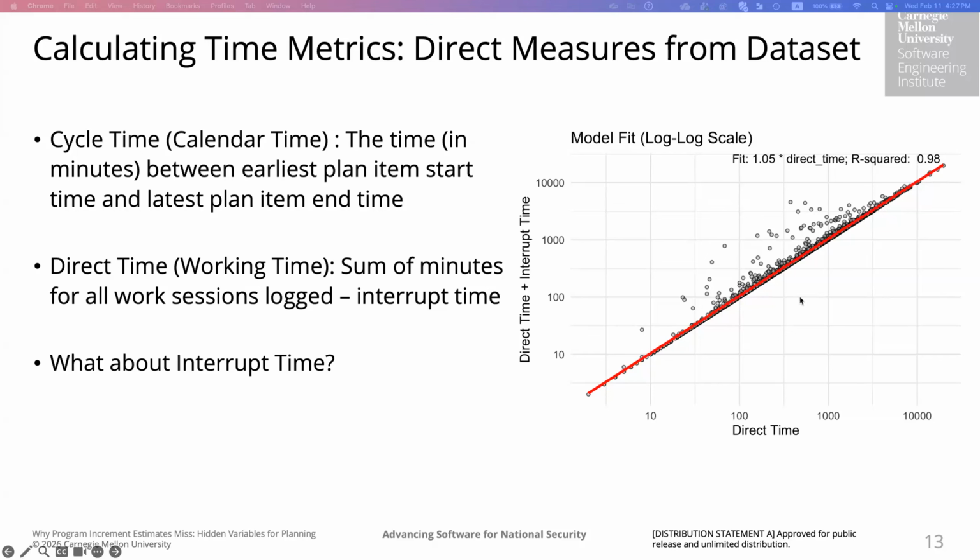And that is not unexpected, because short work sessions are not very likely to have very large interrupt times, and for long sessions the variation evens out into a single bias. So the deviation is most visible for mid-sized items. However, for our purposes, since the fit was pretty nice, we did not account for this interrupt time as a separate variable.